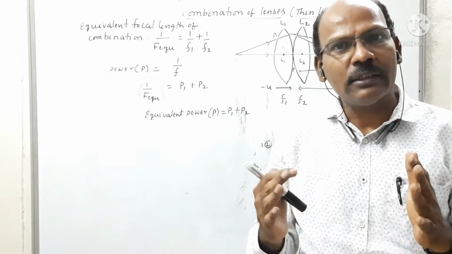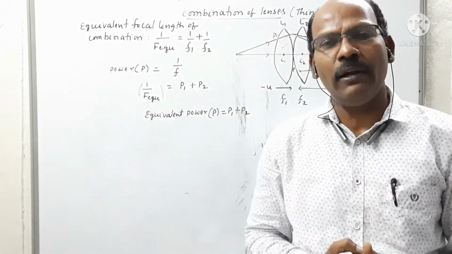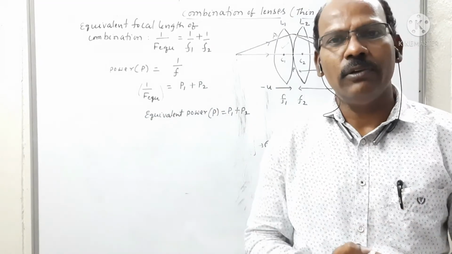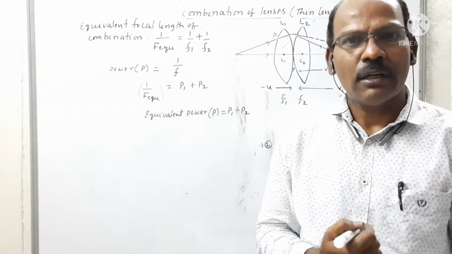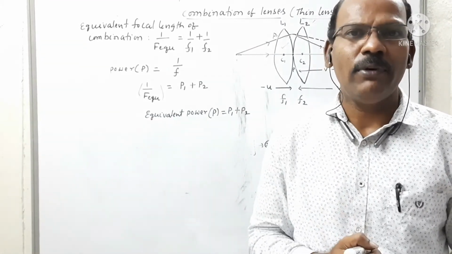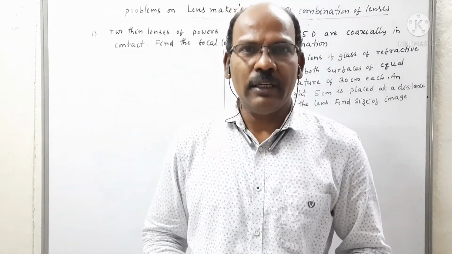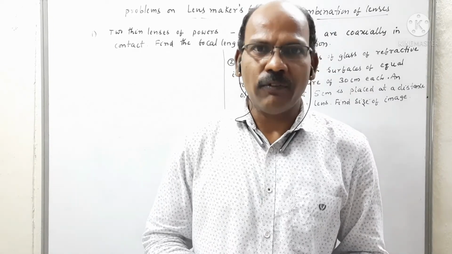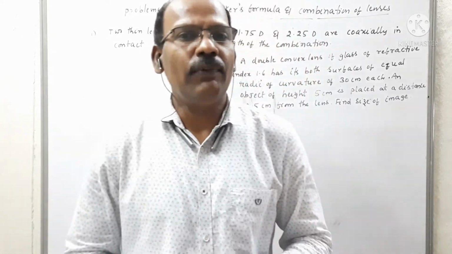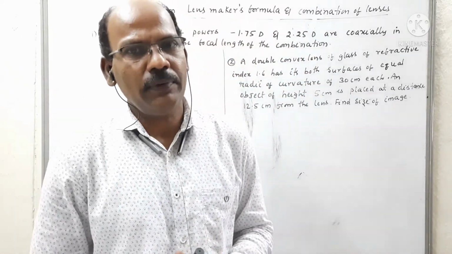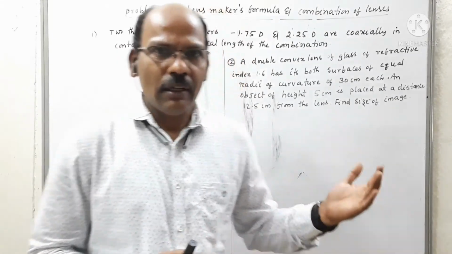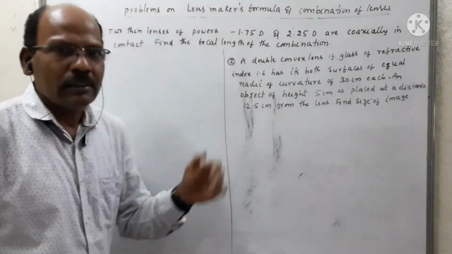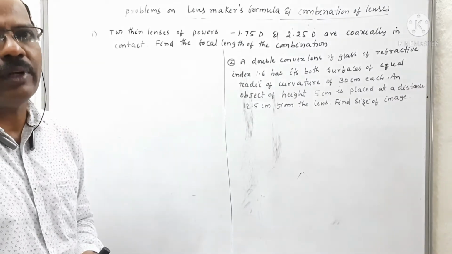If you understand the concepts very well, we can easily solve the problems based on combination of lenses and power of lens. Let's solve two problems based on lens maker's formula and the equivalent focal length for the combination of two lenses.